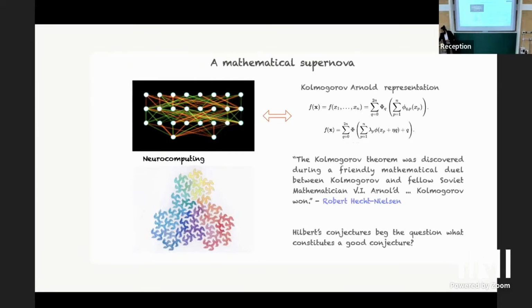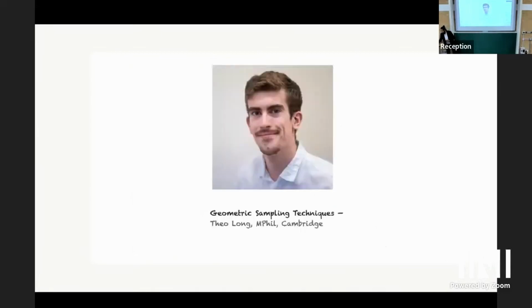But before that, I'd quickly like to mention that one of our students in the computer laboratory, Theo, originally started working on exploiting these representations in a machine learning context, but quickly the thesis evolved into something else, and with a lot of help from Oisin and Justin, he wrote a beautiful thesis on geometric sampling techniques.